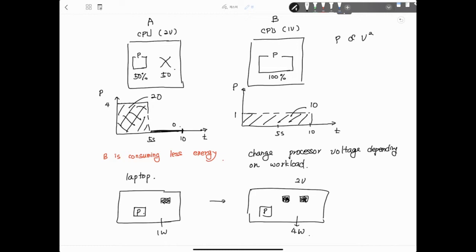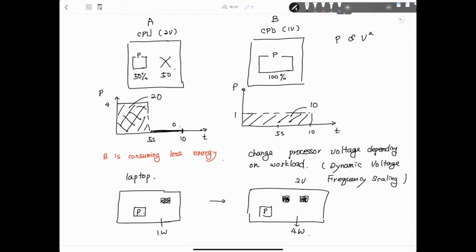Modern CPUs provide dynamic voltage frequency scaling.